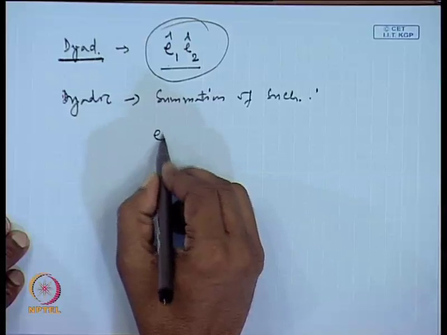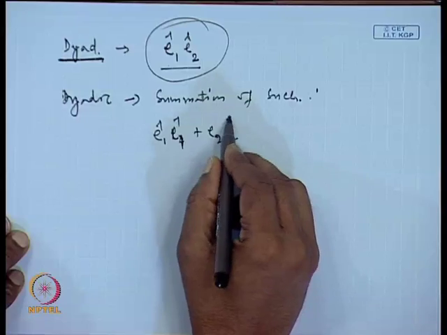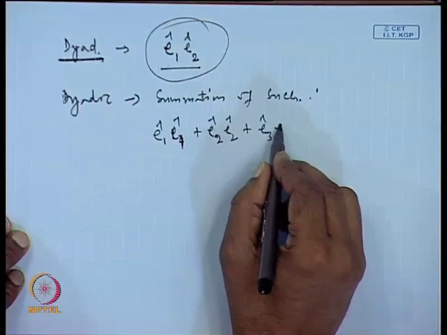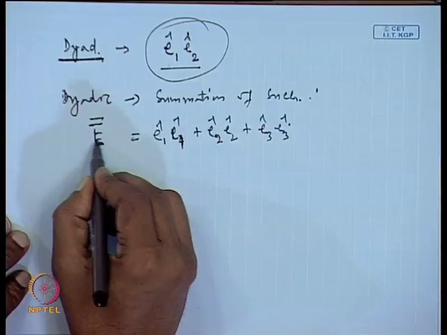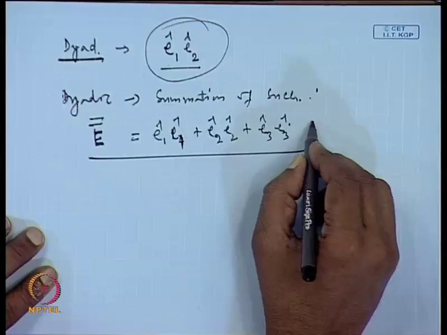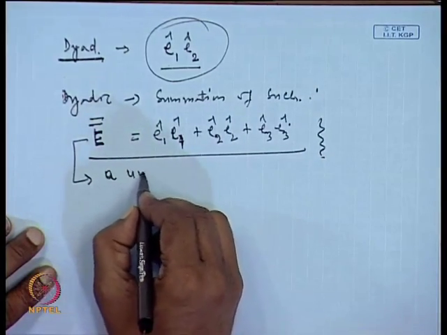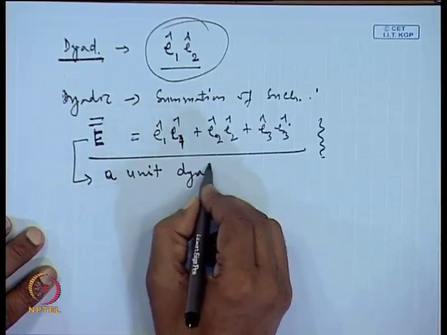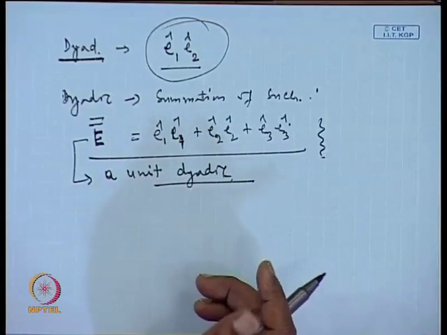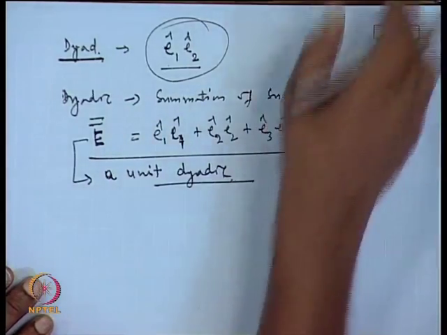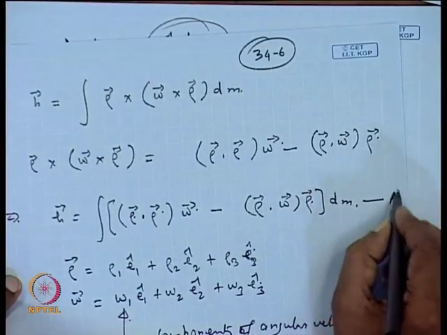So, if we write E 1 E 1 plus E 2 E 2 plus E 3 E 3 and assign it the symbol E double bar, this is called a unit dyadic. Now, we will utilize this to rewrite this equation. We can number this equation as A.